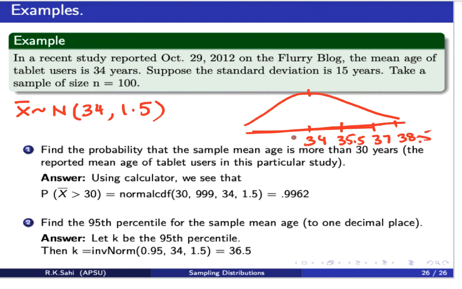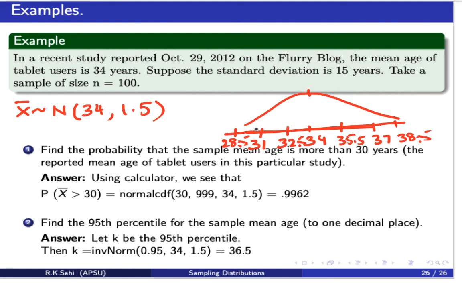Now let's go back. 1.5 below is 32.5, and then another 1.5, 31, another 1.5, 28.5. You are looking at the probability that the mean age is more than 30 years.